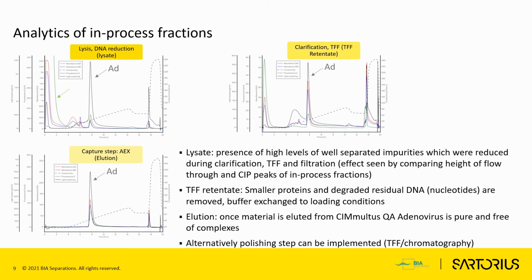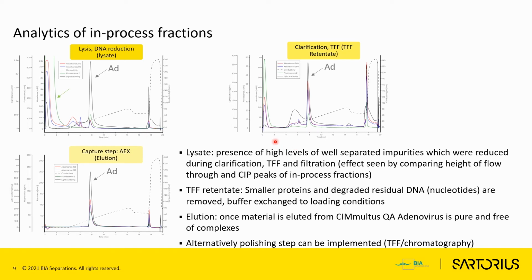On this slide, we are looking at analytical chromatograms of in-process fractions which disclose a lot of important information. On the chromatogram of lysate, we can see a high level of well-separated impurities which were then reduced during clarification, TFF, and filtration step. The green arrow here is indicating a high flow-through signal which corresponds mostly to the GFP protein in the sample, fluorescing at a similar wavelength as PicoGreen.